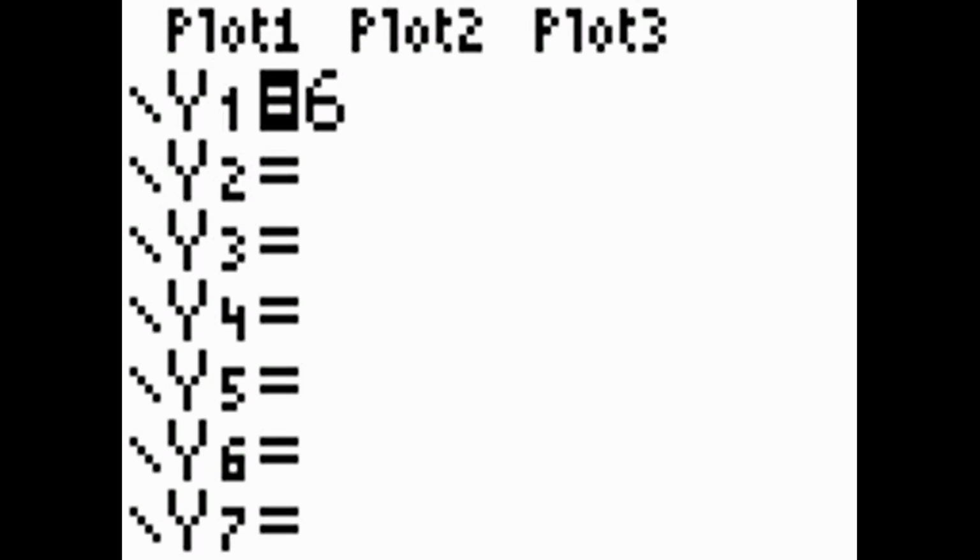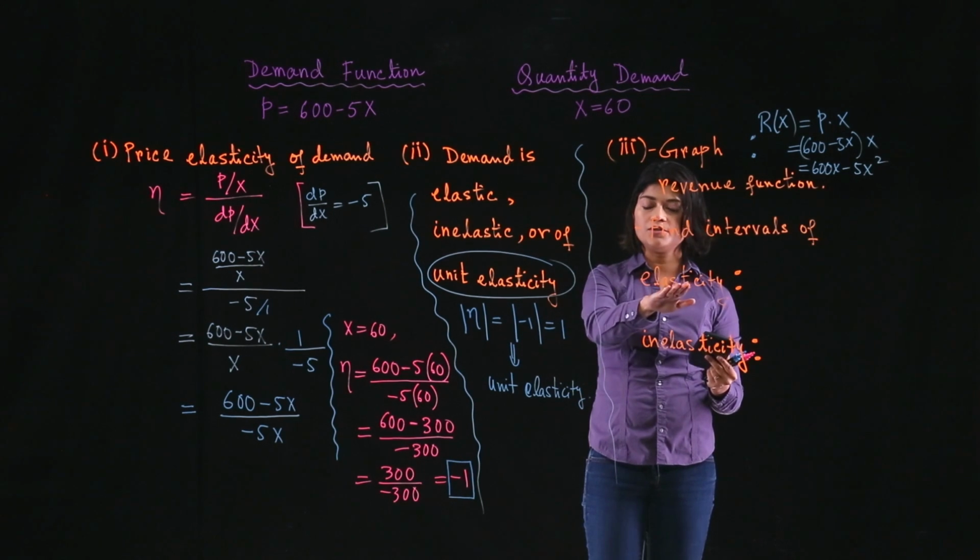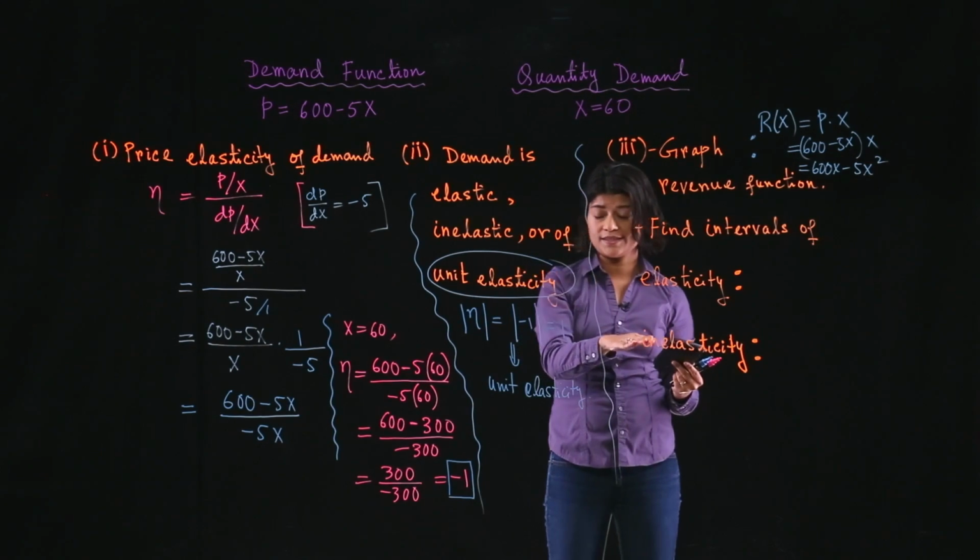Okay, so graph the function 600x minus 5x squared, and we want to find the intervals of elasticity and inelasticity.